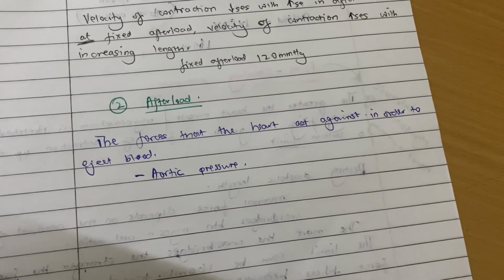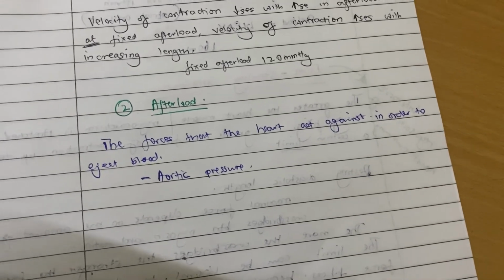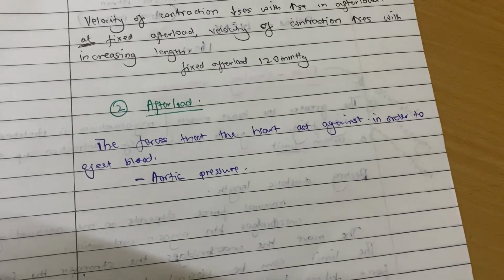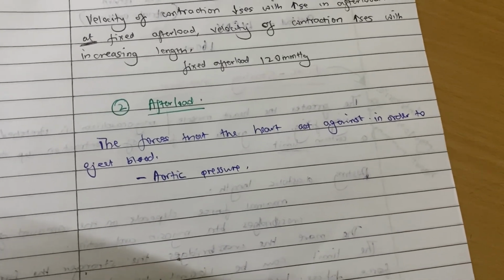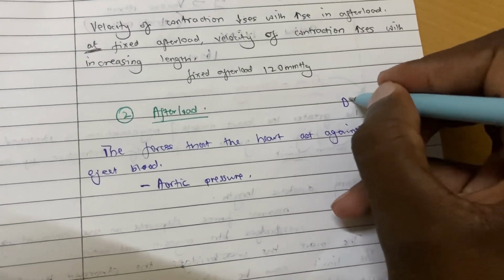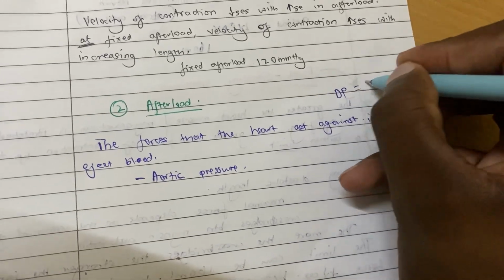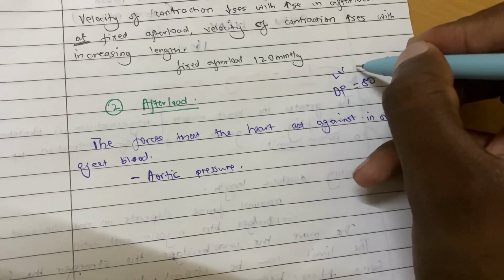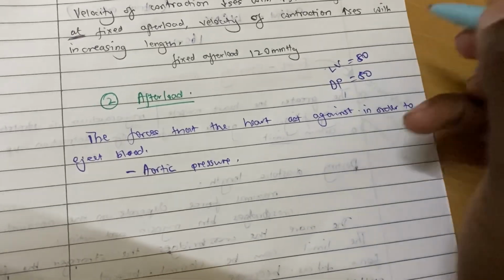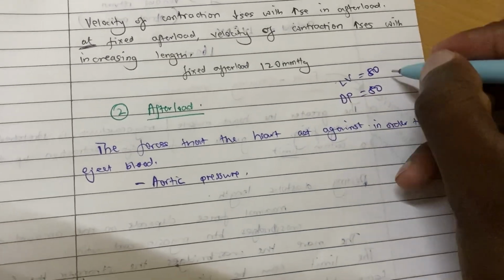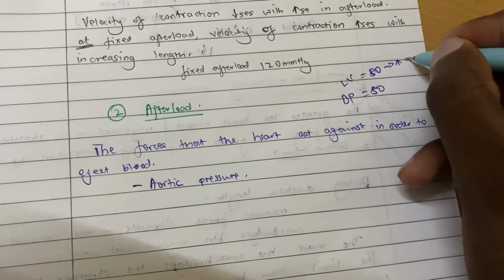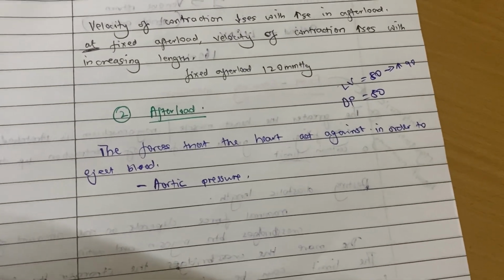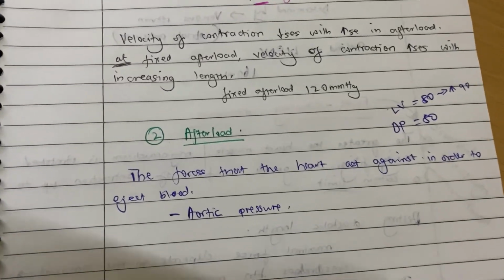So it must overcome the aortic diastolic pressure, we can say. If the diastolic pressure is 80, then the LV pressure, once it reaches 80, the aortic valve is still closed. If it increases and generates up to 90, then the aortic valve opens. This is how it works.